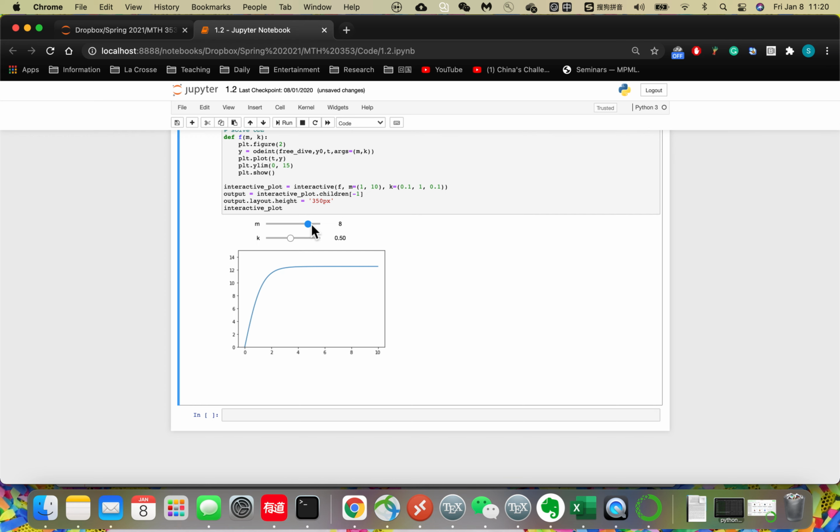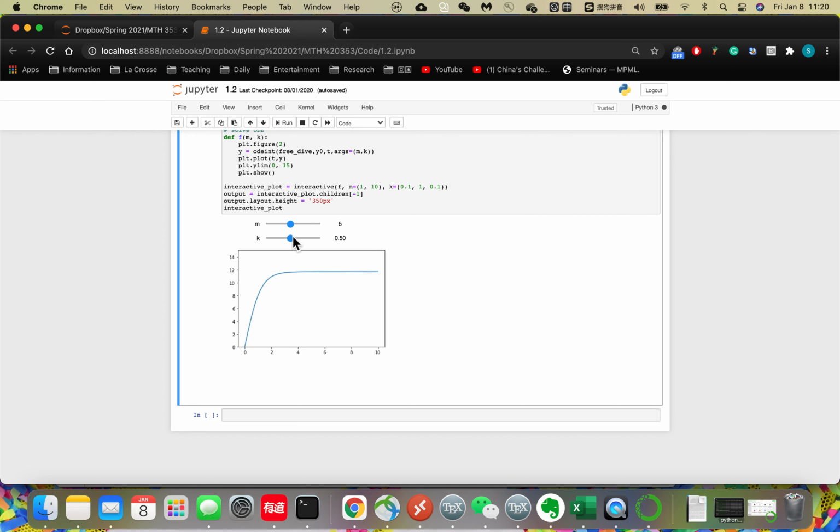Therefore, for people with higher weight, you want to use a parachute with a stronger air resistance. Otherwise, a parachute that is safe for a light person may not be safe for a heavier person. That's one observation we have.